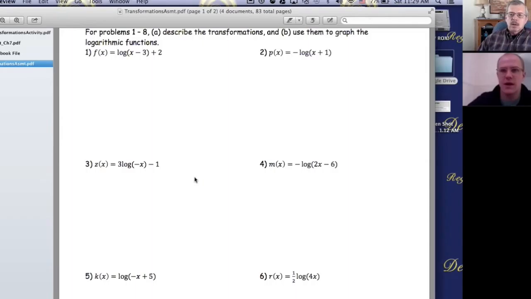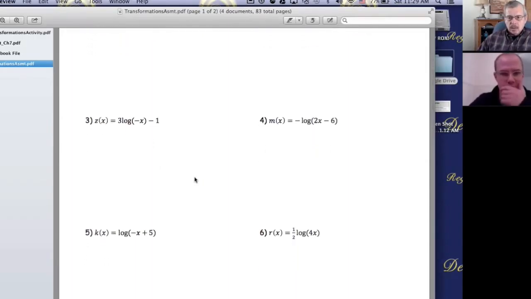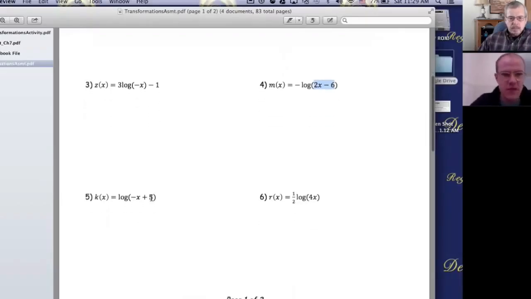So especially for the harder ones, here we have a doubling of a horizontal compression by a half. And then this is going to be a horizontal translation by 3. Here we're combining a reflection over the y-axis. After you factor out the -1, it will also show a horizontal translation to the right by 5.